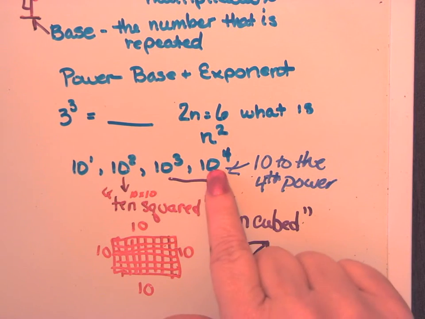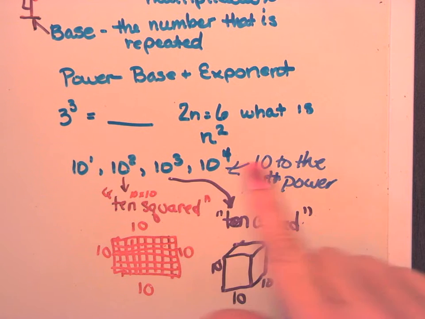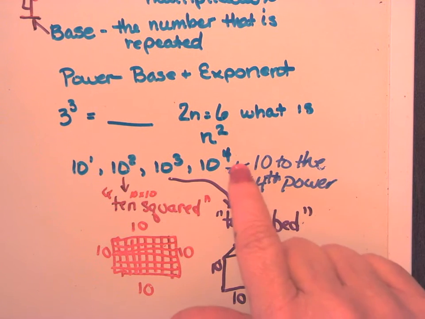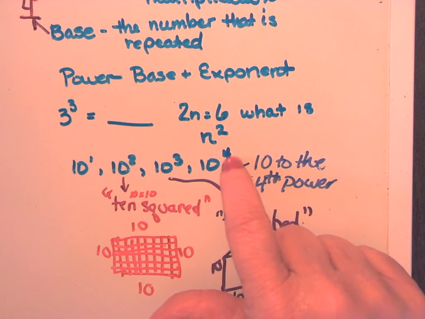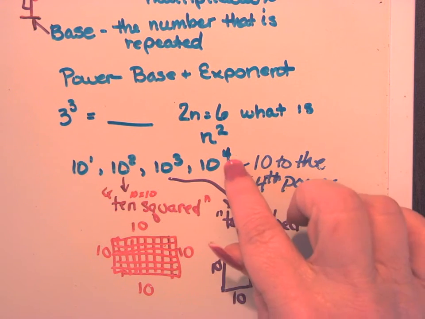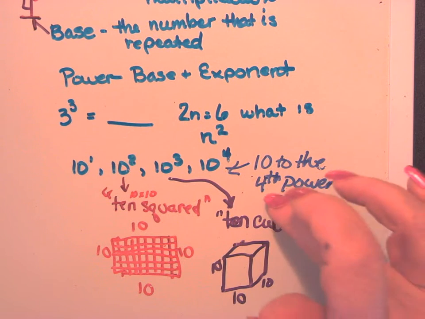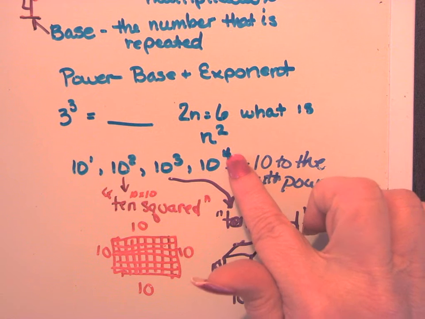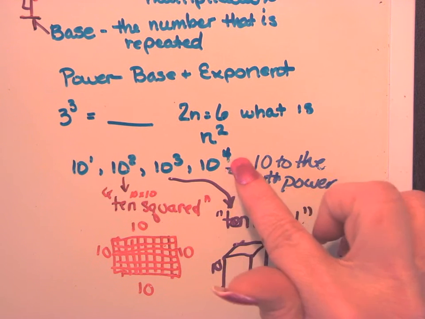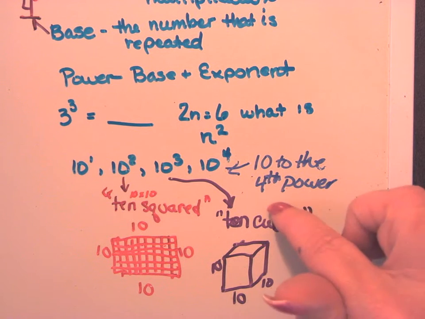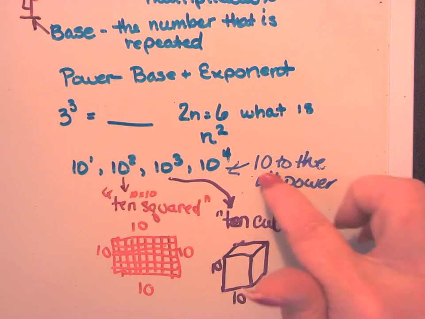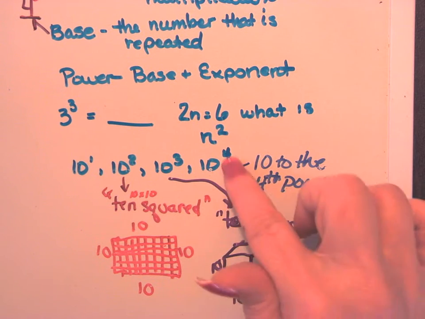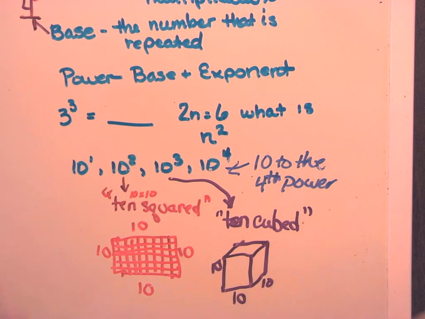You see the number that is your base number, to the, and then whatever your exponent is, and it's said like you were talking about what place in a race you came in. I came in 4th place, so 4th power. 10, my base number, to the 4th power. So if you had to write that out in words, you'd say 10 to the 4th power.